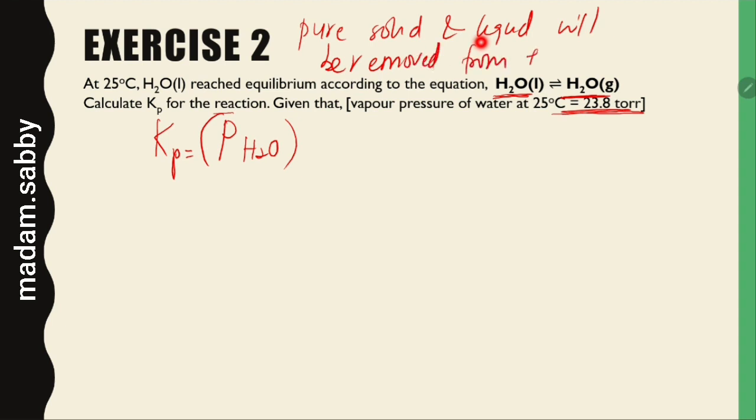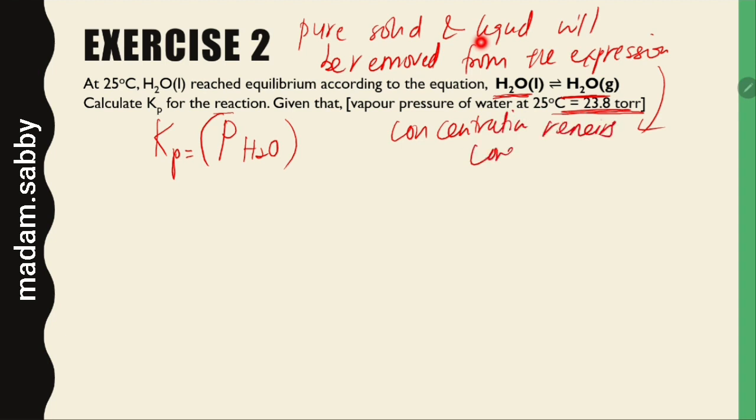Why? Because we assume that their concentration remains constant till the end of time, so we don't include the value in the calculation. We don't include any solid or liquid component in the Kc or Kp expression. So Kp is the partial pressure of water, and given that it is 23.8 torr, Kp is 23.8, that's it.